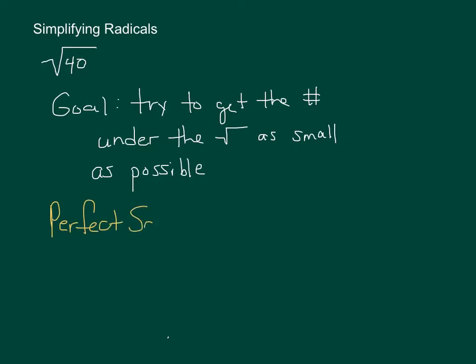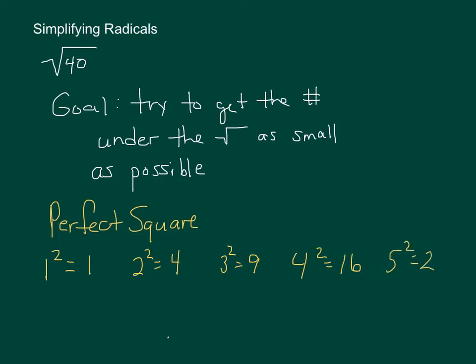Now, a perfect square is a number, let's try it this way. 1 squared is 1. 2 squared is 4. 3 squared is 9. And 4 squared would be 16, and so on. 5 squared, 25. We say that the numbers 1, 4, 9, 16, 25 are perfect squares.